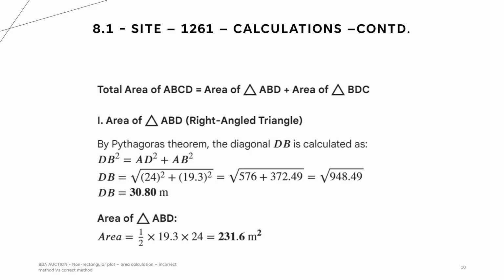First, we calculate the area of triangle ABD, which we have assumed to be a right angle triangle. By Pythagoras theorem, the diagonal DB is calculated as DB squared equal to AD squared plus AB squared. So DB will be the square root of the above, which comes to 30.8 meters. And area of triangle ABD will be half of 19.3 into 24 equal to 231.6 meters squared.